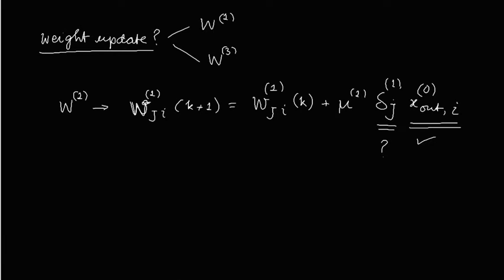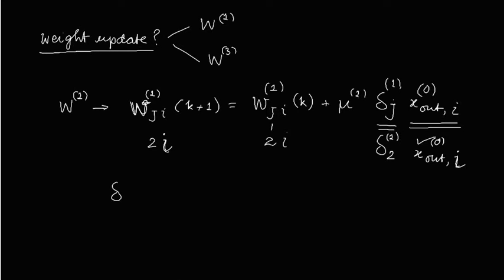To evaluate this delta J1, suppose I take J equal to 2, so it is 2I, and this is going to be delta 2 at layer 1, and this is going to be X out I at layer 0, meaning the input pattern.